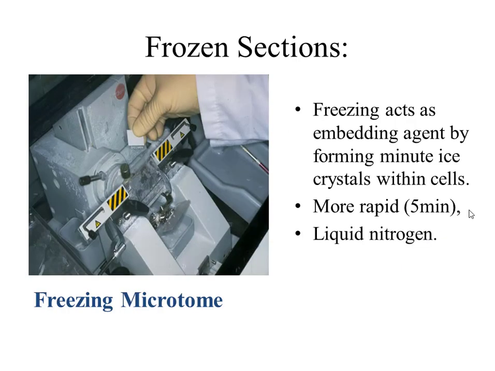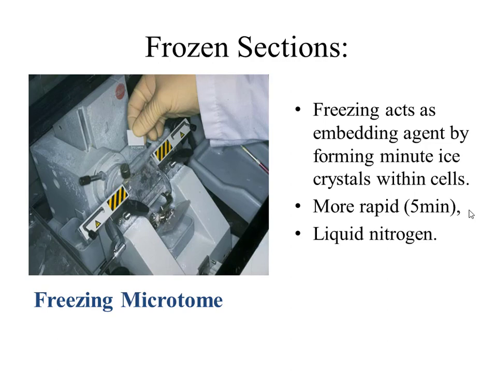Now we go to some special techniques which are also used in pathomorphology but rarely. Frozen section. If we want to receive the slides very rapidly, in not more than 5 minutes, we may use the frozen section.